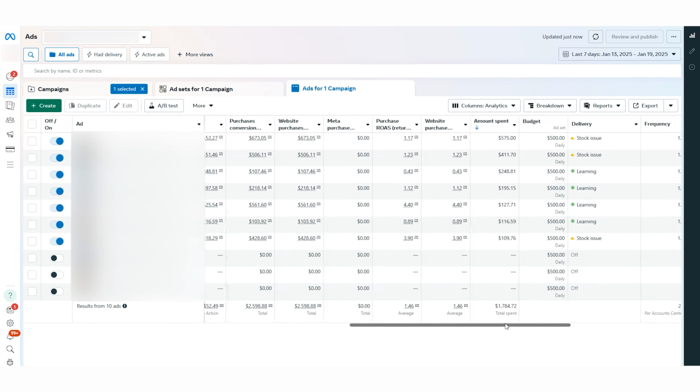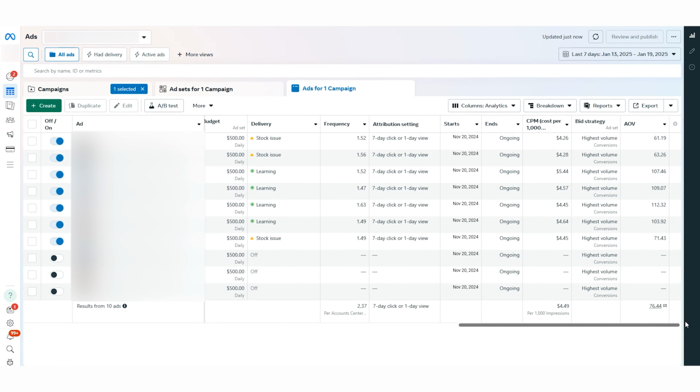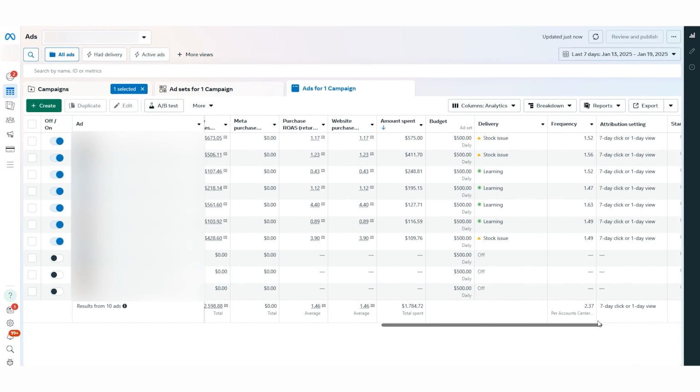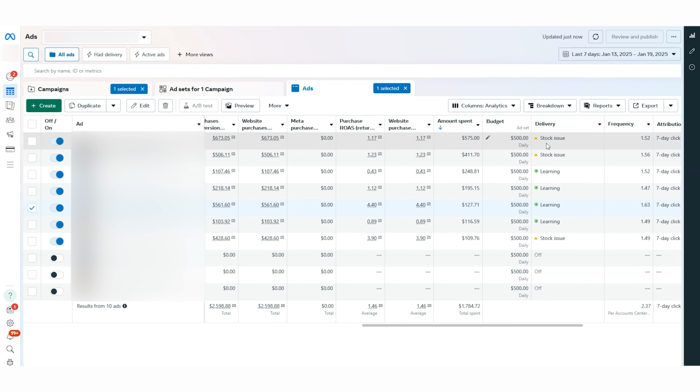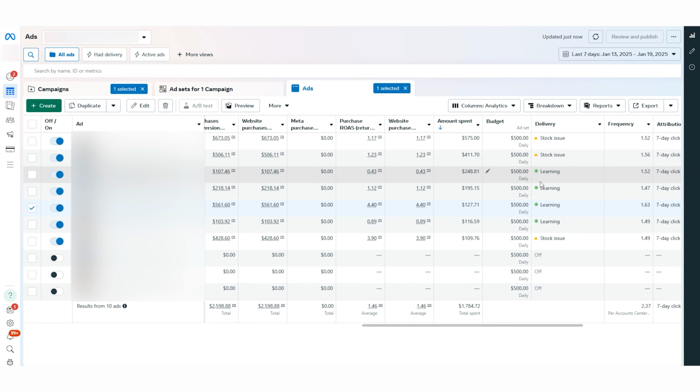We have stock issues, which is unfortunate, which means that maybe we have to close these ads. Yeah. The problem is the stock issues over here. I don't think that I necessarily want to optimize this campaign, because all of this being bad is coming from stock issues.